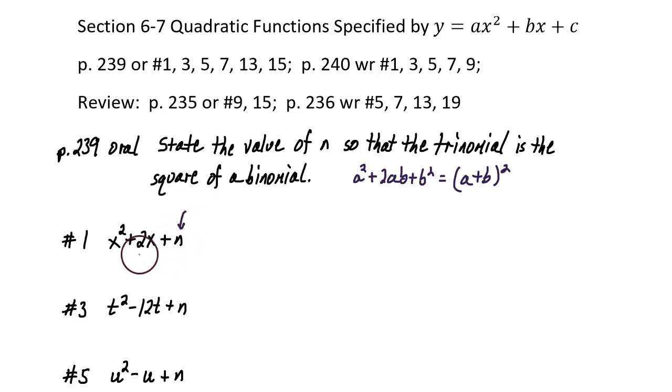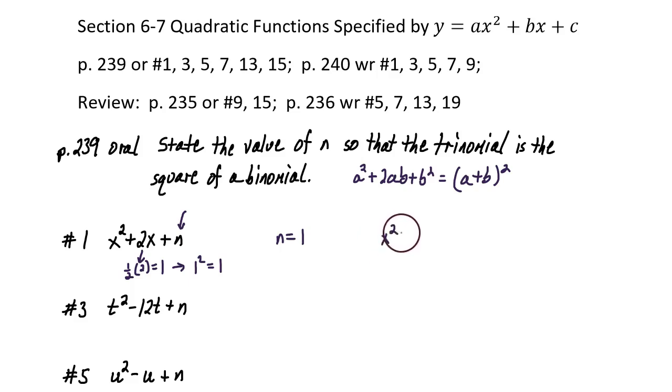To find that value, we're going to take half of the coefficient 2, which is equal to 1, and then we're going to square the 1, which is equal to 1. And that's what the value of n has to be. N equals 1.